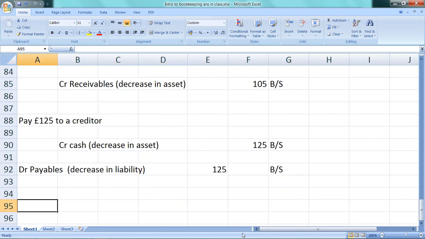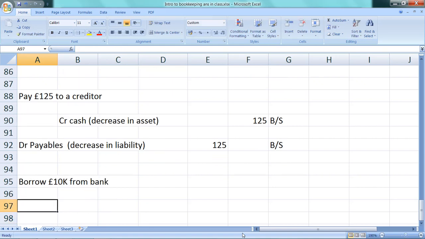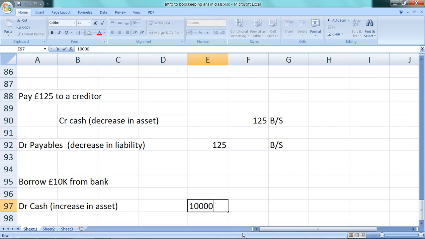What we've then got is we're going to borrow 10 grand from the bank. What happens to my cash at bank account? Well, my normal deposit account is going to go up. So I'm going to debit cash to show the increase in the asset to the tune of 10 grand.